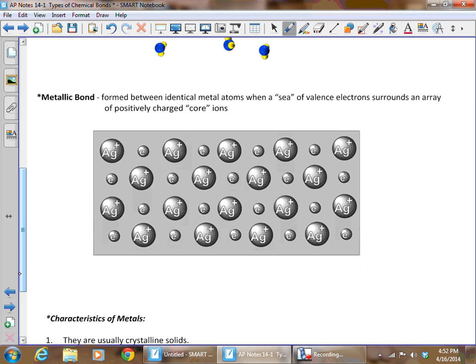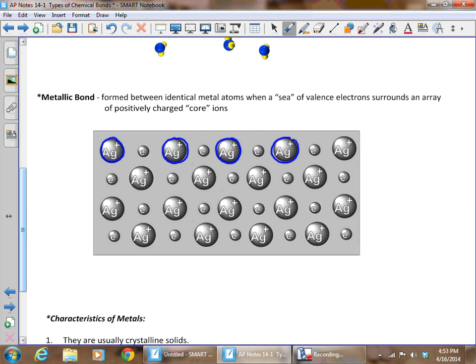Now the last kind of bond we want to talk about is the metallic bond. The metallic bond is formed between identical metal atoms. And what happens is we have these cations.